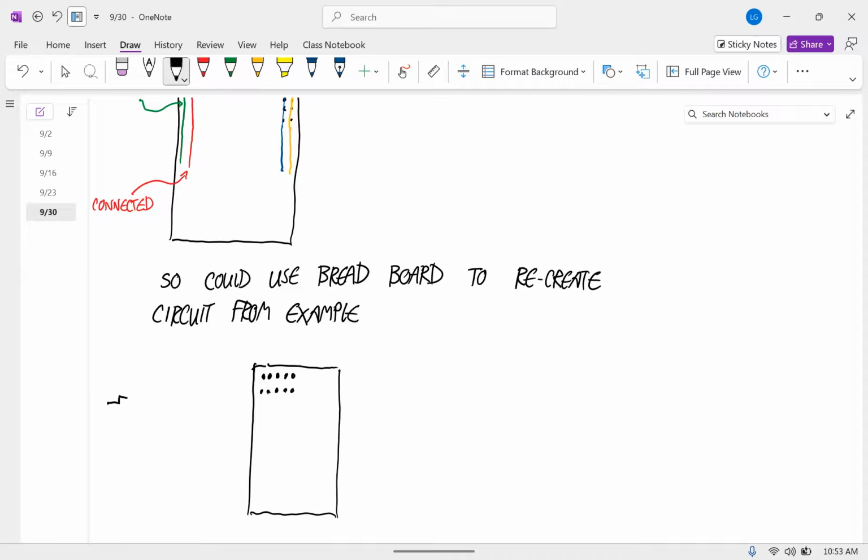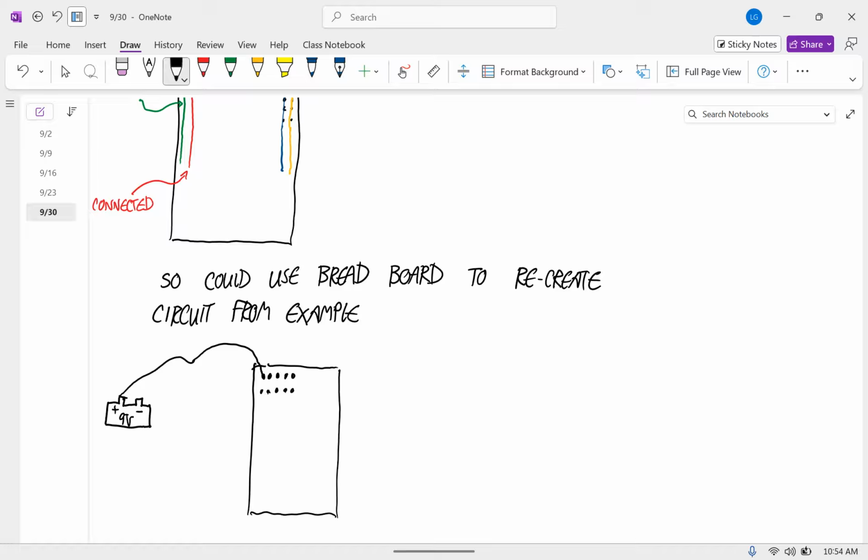So if this is the battery, we could connect a wire and put one end there, okay?